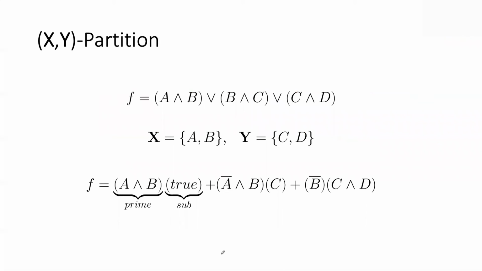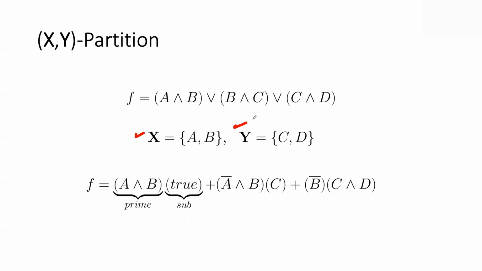All right, so let's look at a concrete example. This is my function f, and it is over 4 variables, a, b, c, and d. And I'm constructing an XY partition where this is x and this is y. So I put AB in one set and I put CD in another set.